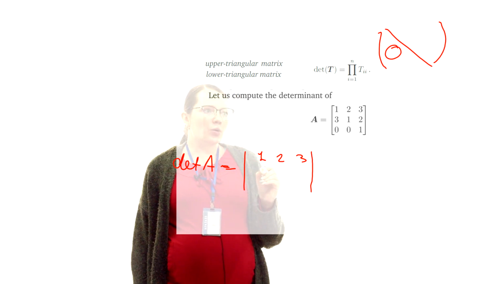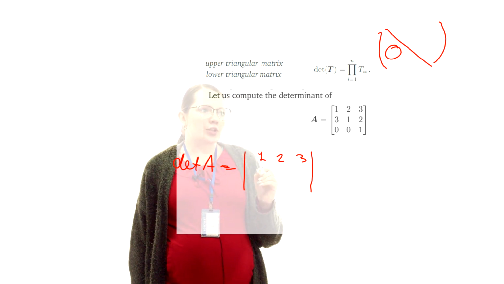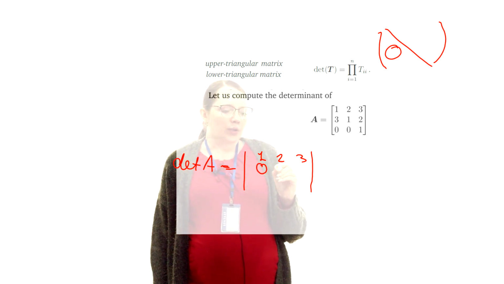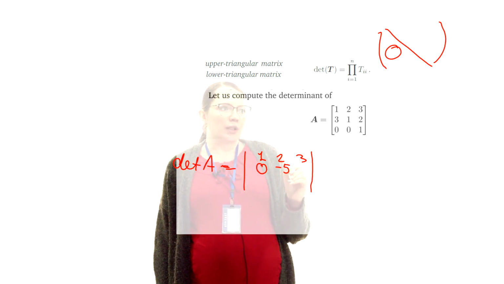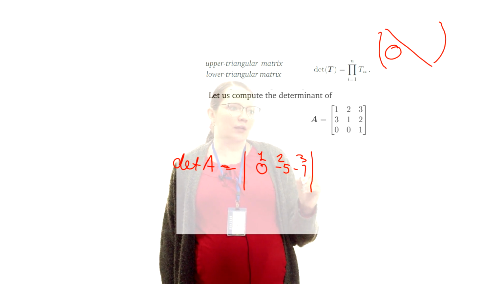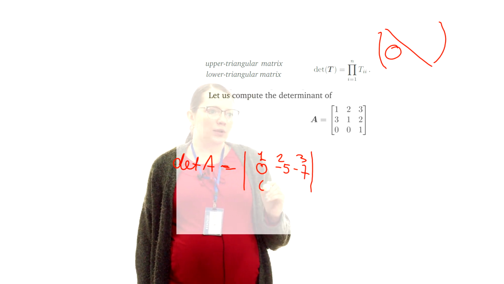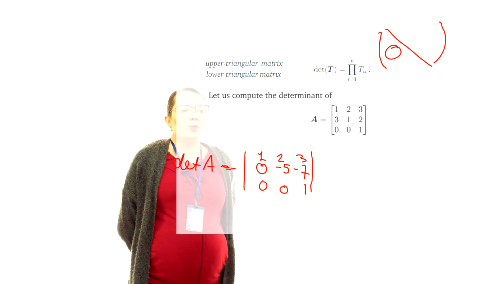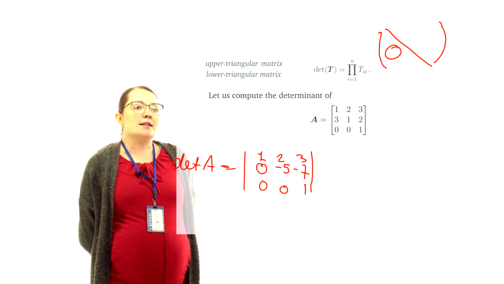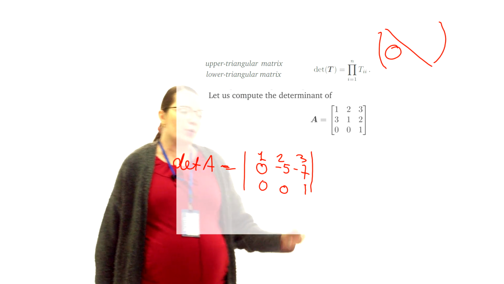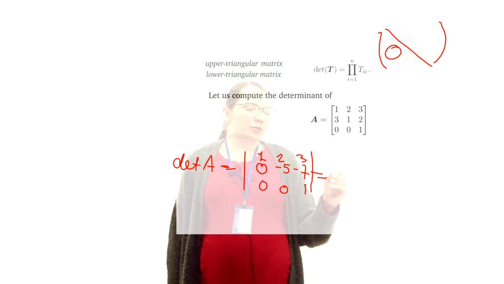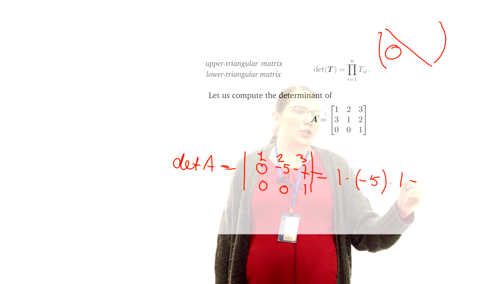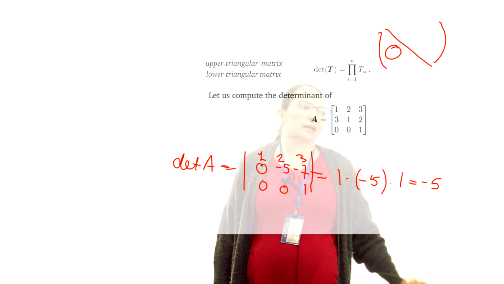And for the second row, we multiply the first row by minus 3 and add to this. So we get 0, then minus 5, then minus 7. And the last row will again stay as it is. So you see that we get an upper triangular matrix, and so the determinant of this will be just the product of 1 times minus 5 times 1, which is minus 5, again, as before.